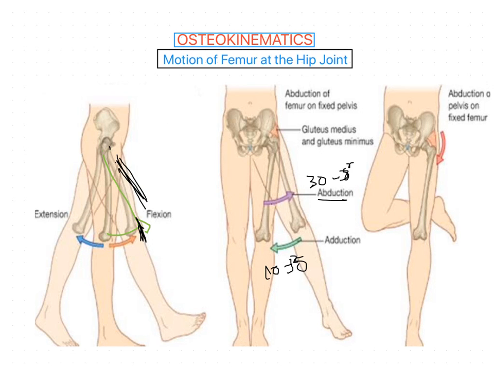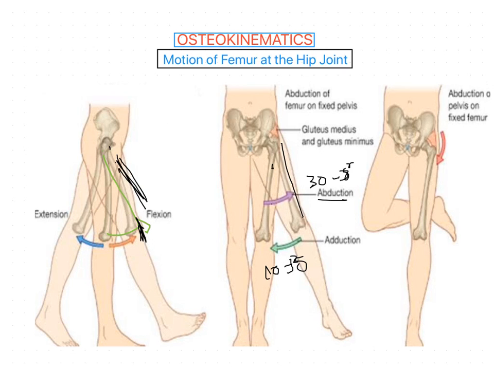Abduction can be limited by a muscle called the gracilis, and adduction is limited by the tensor fascia lata muscle and its associated iliotibial band, which is present on the lateral aspect and restricts the adduction movement.